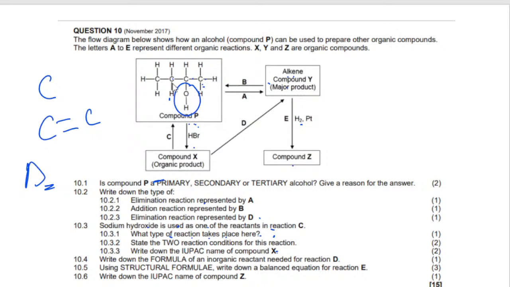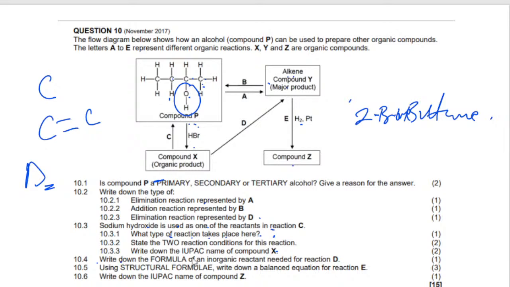So definitely it's going to be replaced here with a bromine. So it's going to be butane, with the bromine on carbon atom number 2. So it's 2-bromobutane. Basically, that's what you are going to write.